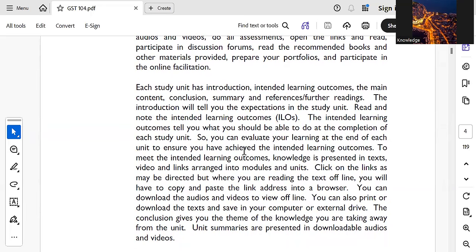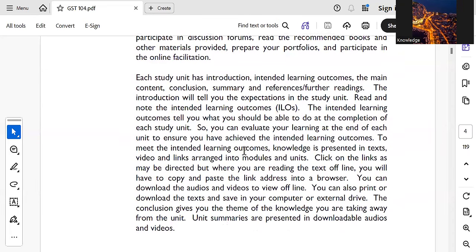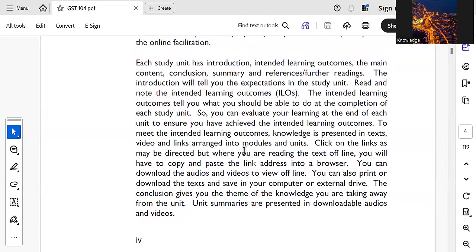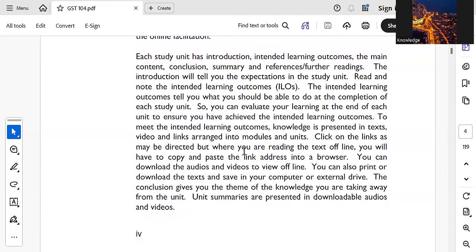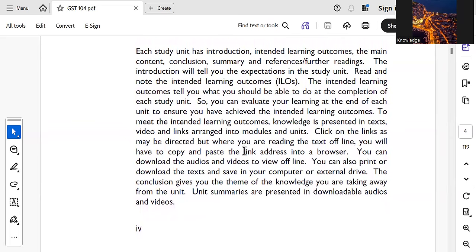The introduction will tell you the expectations in the study unit. Read and note the intended learning outcomes, which we refer to as ILO in this context. The intended learning outcomes tell you what you should be able to do at the completion of each unit.